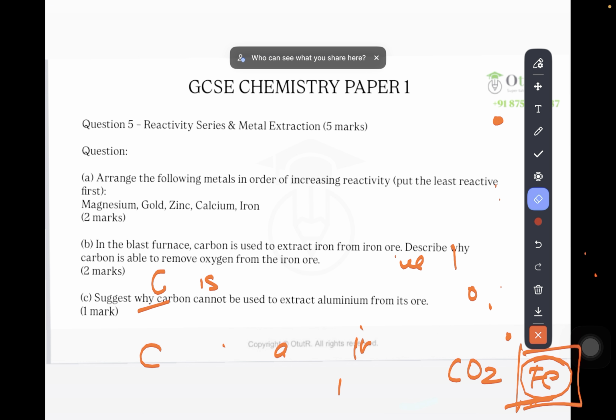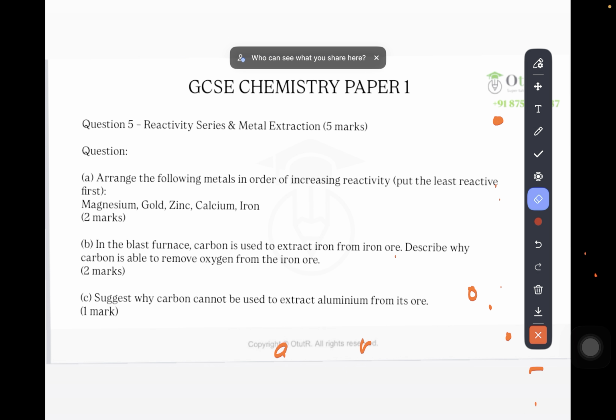Suggest why carbon cannot be used to extract aluminium from its ore. So over here what is happening? Aluminium is more reactive than carbon. Therefore, carbon cannot displace aluminium from its ore.